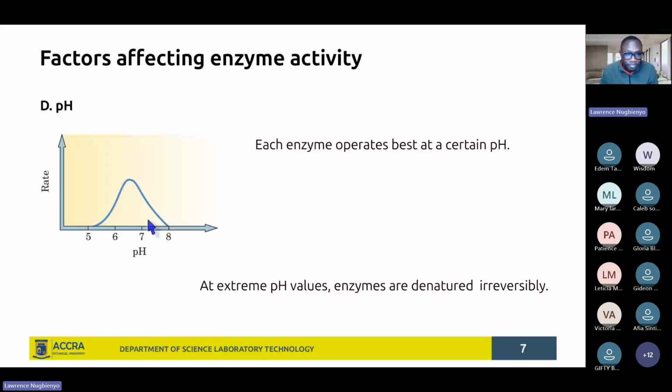If the pH is lowered or the pH is increased at very extreme ends, this can also result in denaturing. And such a denaturing is a breakdown of the protein. So the enzyme will become inactive altogether. So the reaction is completely terminated. So that's about the major factors that influence enzyme activity.